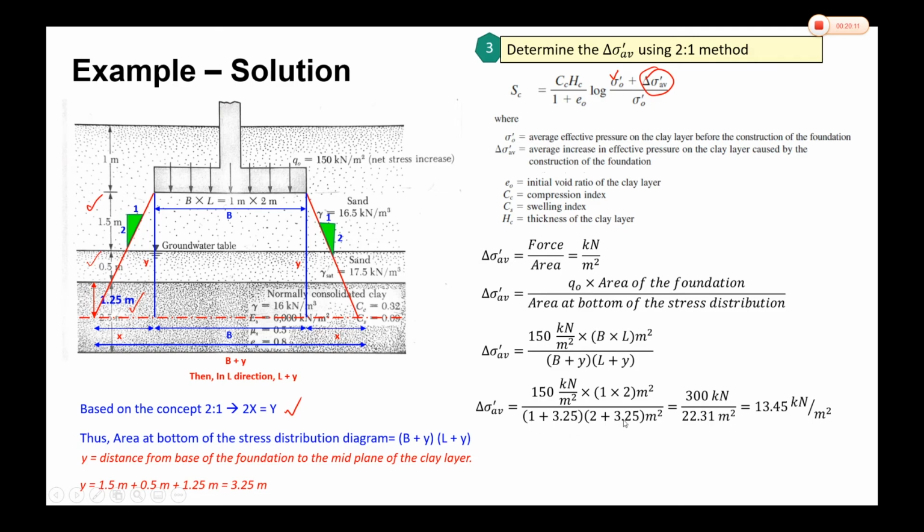Solving this, you will have the area as 22.31 meter square. So the average increase in effective pressure on the clay layer caused by the construction of the foundation is 13.45 kilonewton per meter square.